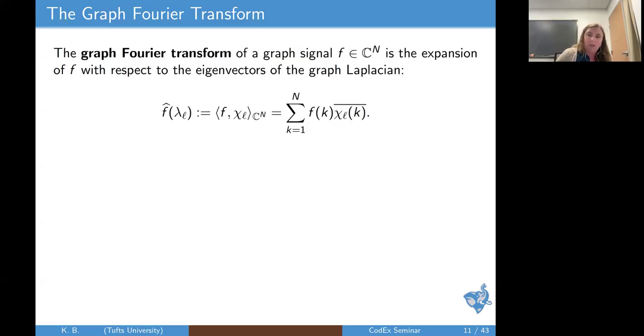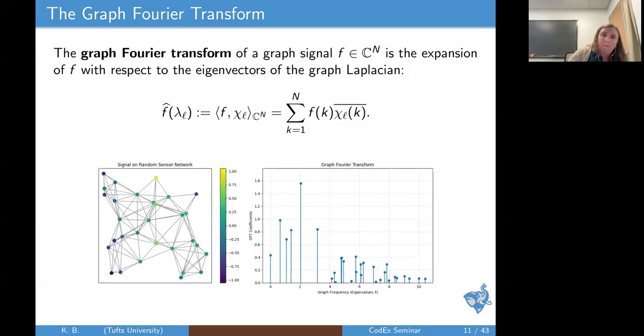So you can see how this sort of mimics the classical setting of taking the inner products of a signal with the complex exponentials.